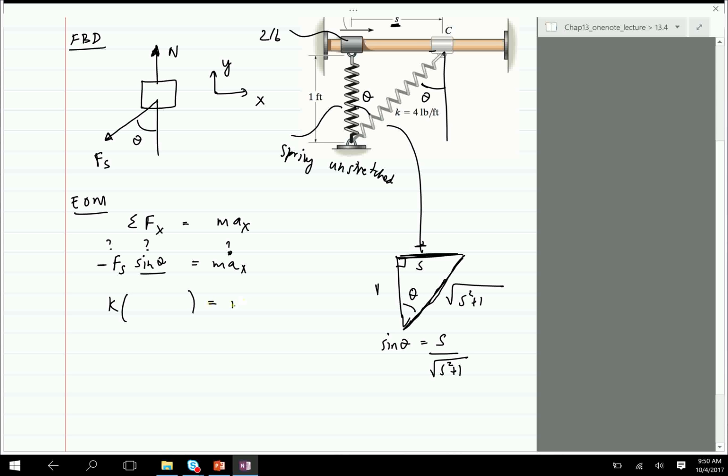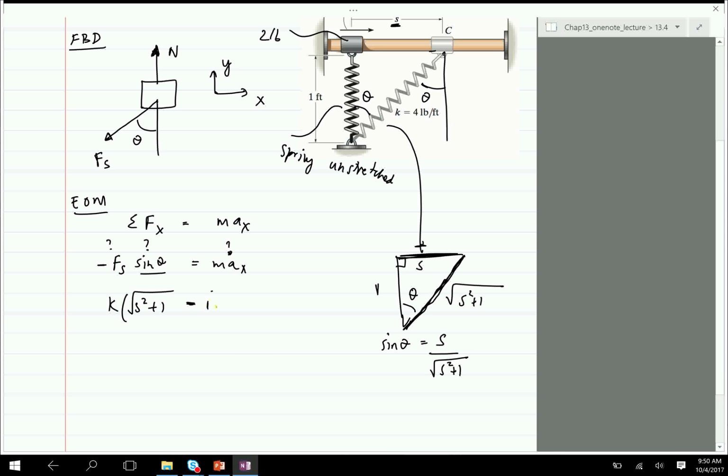So the spring force is k times the stretch in the spring. I need to find the length of the spring. It's basically the square root of s squared plus 1, minus the original length of the spring. What's the initial length of the spring? It's 1 meter, right?